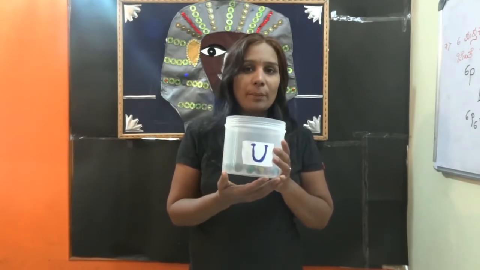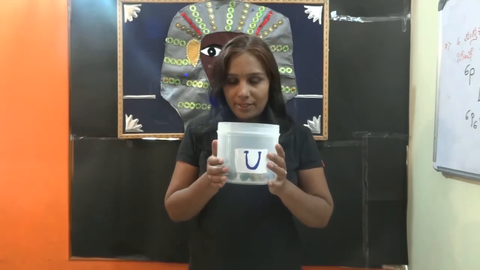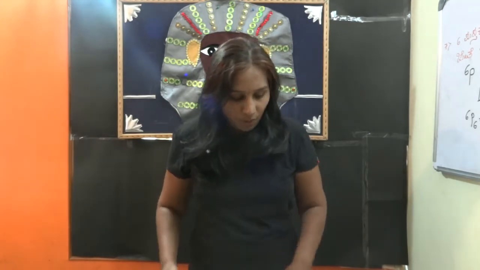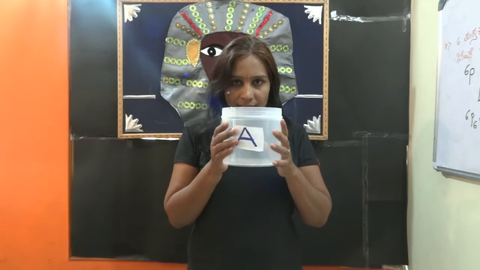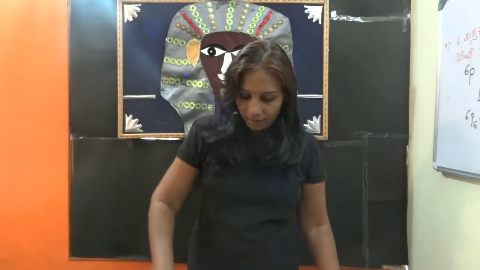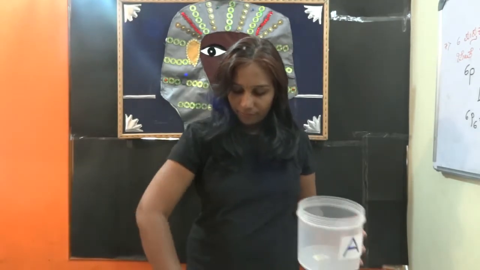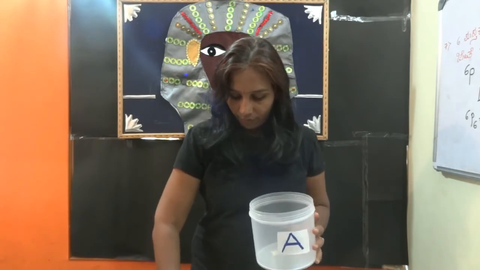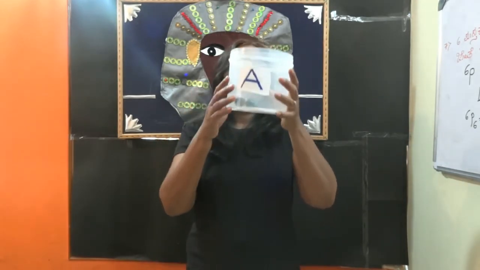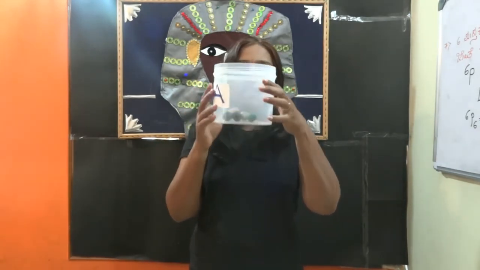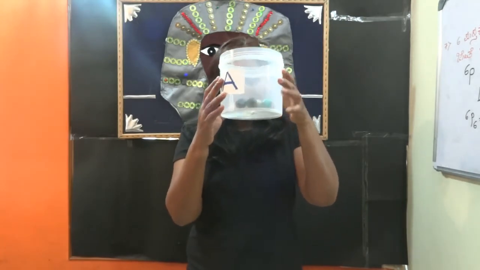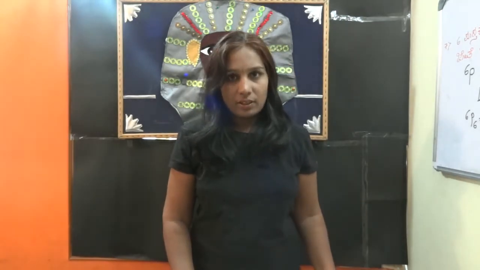These balls will be our elements, and now I am constructing set A by taking a few elements from the universal set. Here you can see 4 elements I have taken from our universal set.